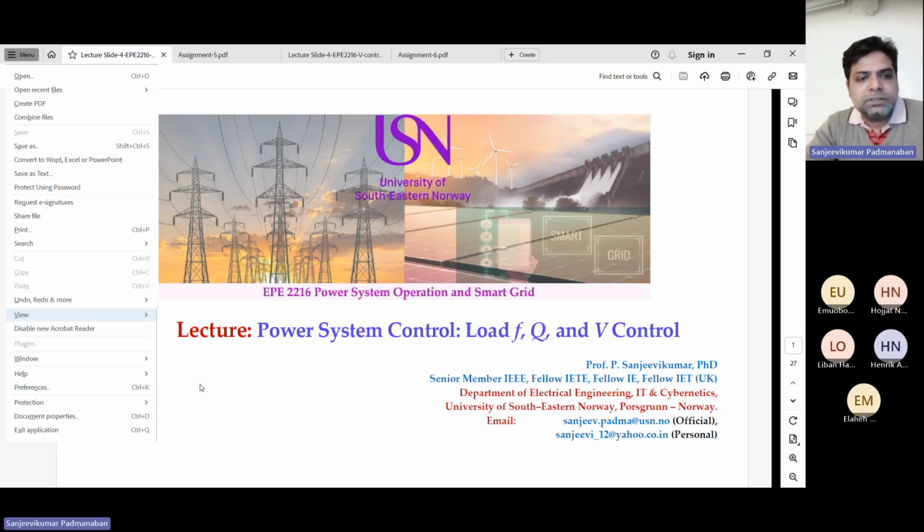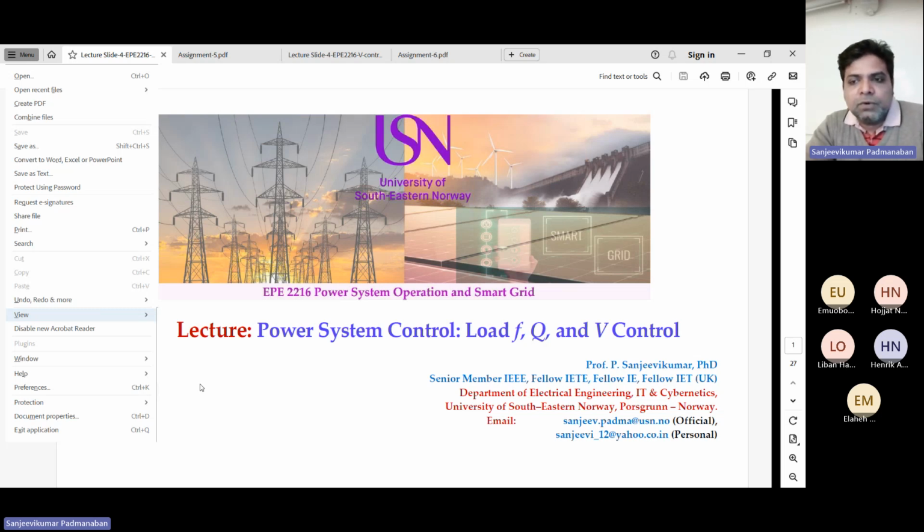Then we will discuss in the next lecture why we need reactive power compensation. As power engineers with the background, you already know the meaning of reactive power. So we are going to look into why we need to compensate reactive power from the perspective of power systems.